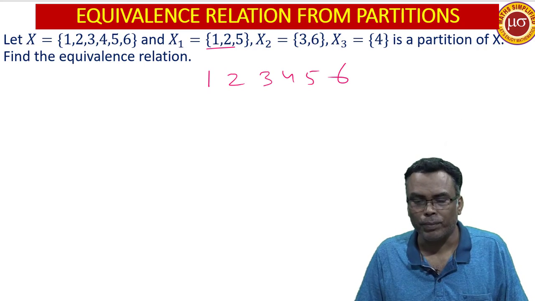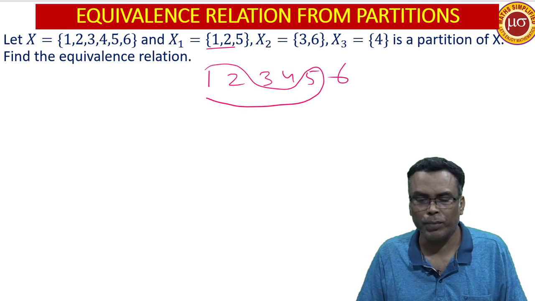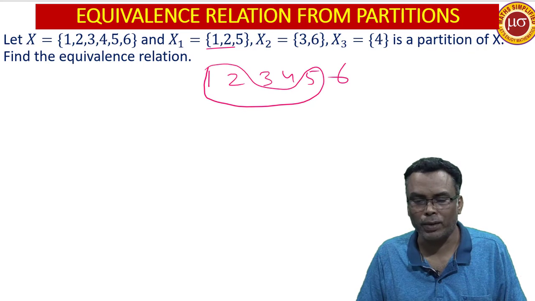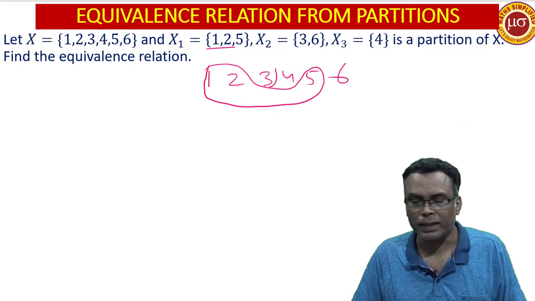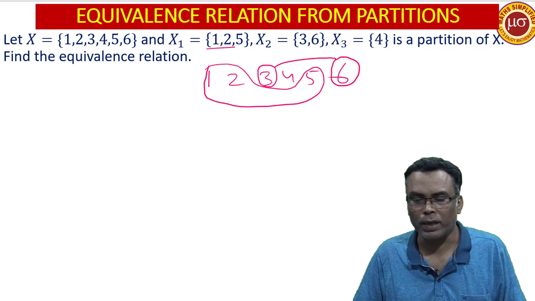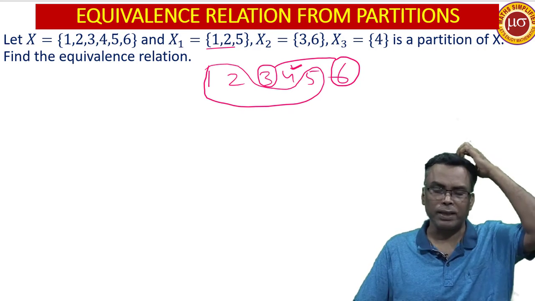1, 2, 5 form one partition, one equivalence class. 3 and 6 form one equivalence class, and 4 alone is one equivalence class. So this partition is given.